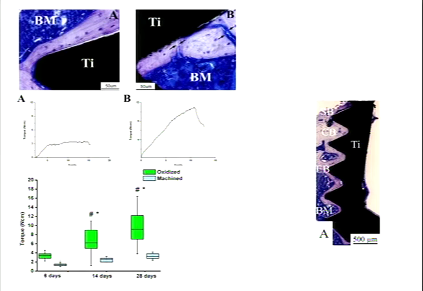The change in the expression of bone formation genes and bone resorption genes, and the differences between these two model surfaces, the smooth and the rough, is also expressed in terms of stability of that interface.